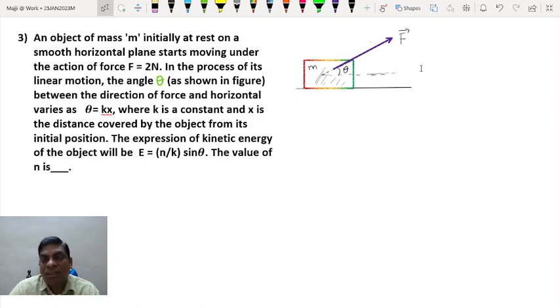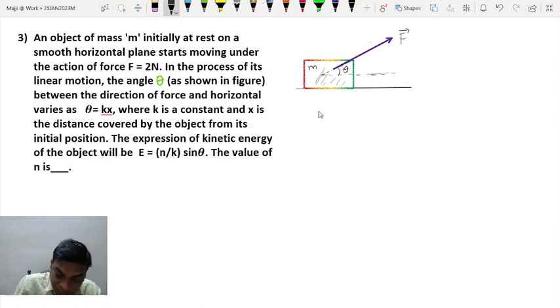If you take a system or a body, draw the free body diagram so that all the forces acting on the body are very clear. Then you find out the work done by all the forces and equate it to change in kinetic energy. Change will be calculated as final value minus initial value.